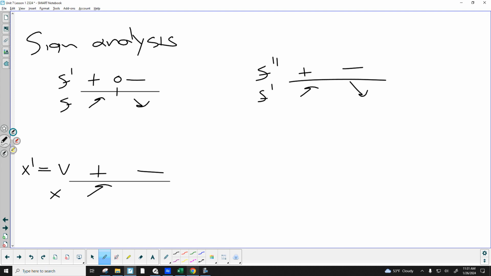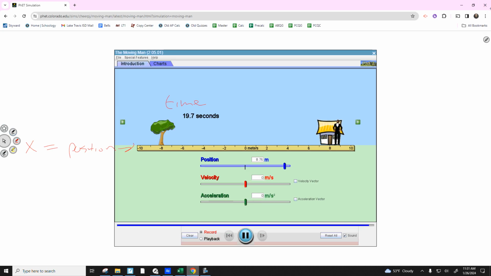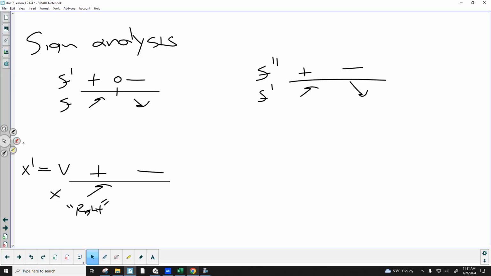Now let's think about our dude moving on our number line. If position is increasing on our number line, what is happening? He's going to the right. If my position is increasing, I'm moving to the right. Is that cool? So the sign of a velocity actually gives me a direction.